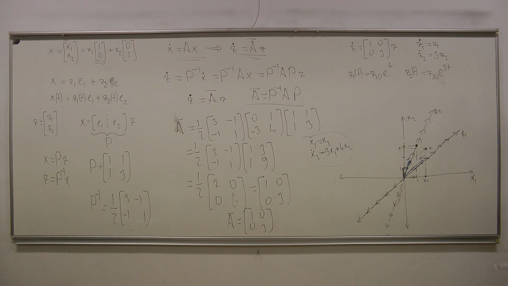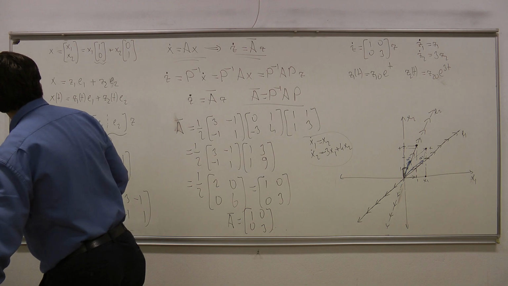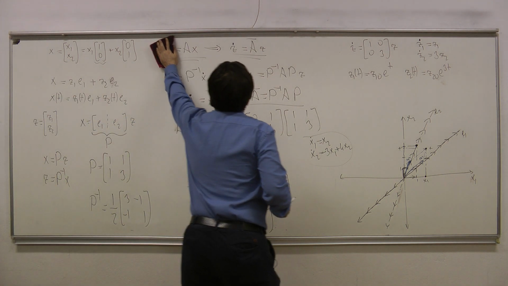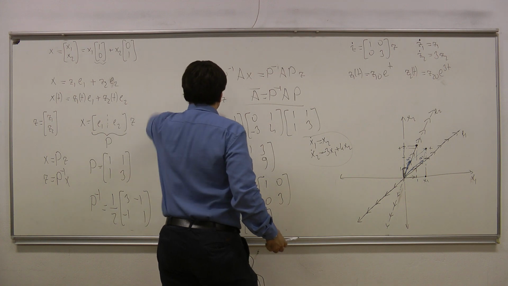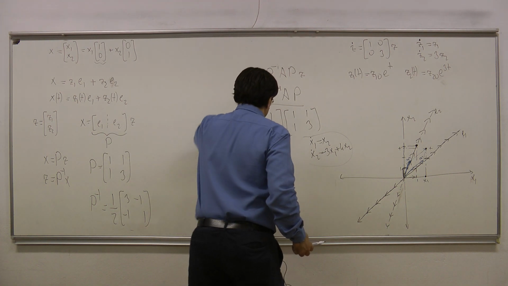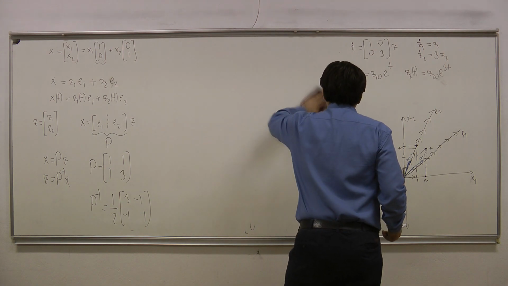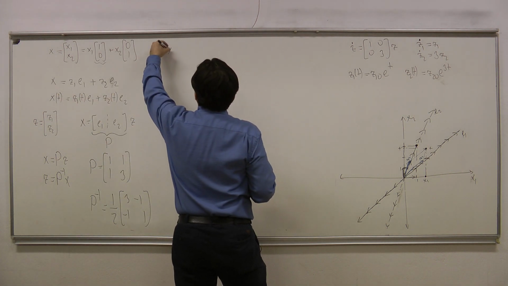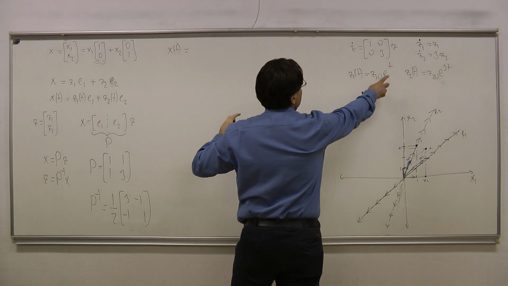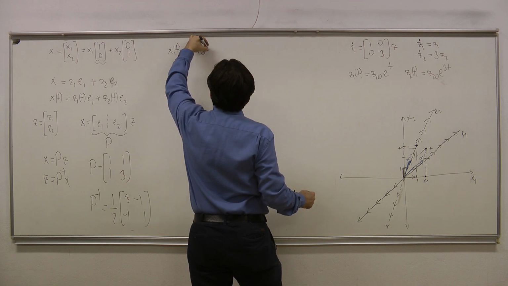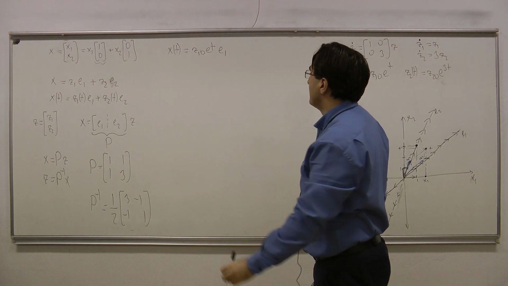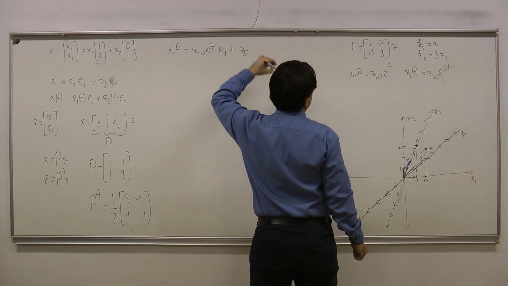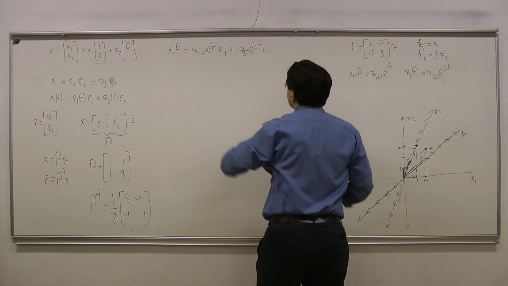Now I can substitute them back into my x solution. x of t is equal to z1 of t, which is z1 of 0 e to the t times the first eigenvector, plus z2 of 0, the initial condition for z2, e to the 3t times e2.